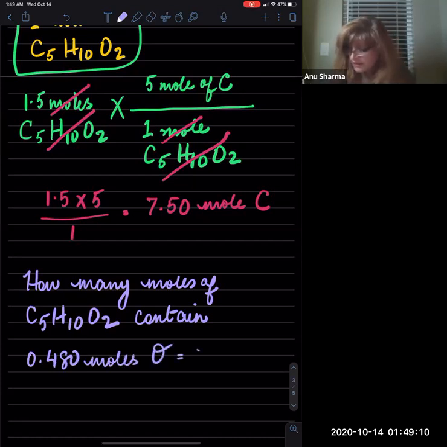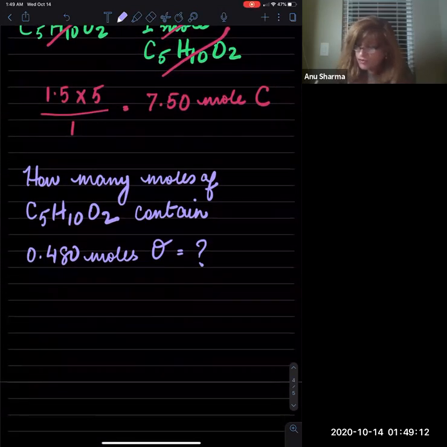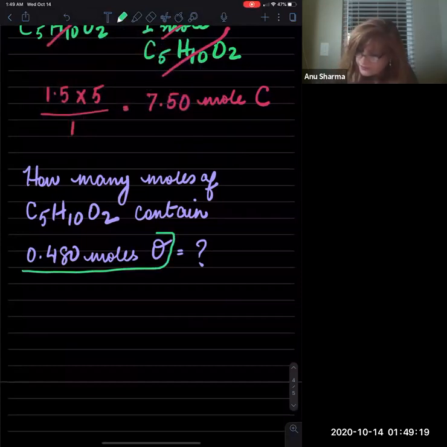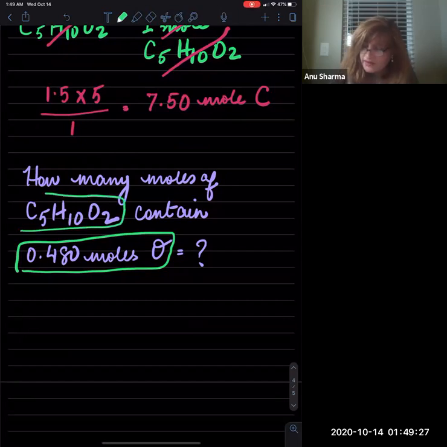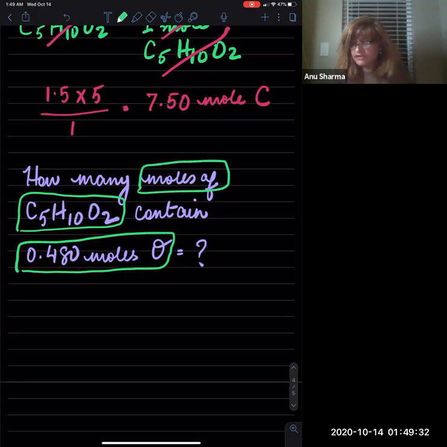Basically oxygen atoms, but how many? So in a way, you are given the moles of oxygen, and you are being asked how many moles of this. So you need to find the moles of C5H10O2.